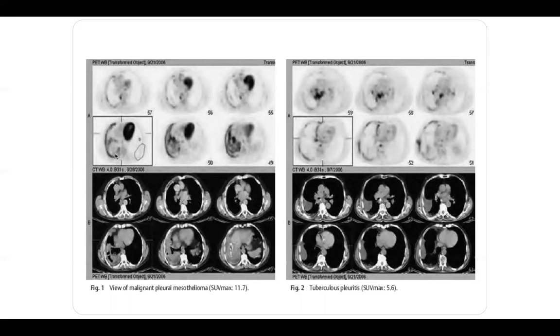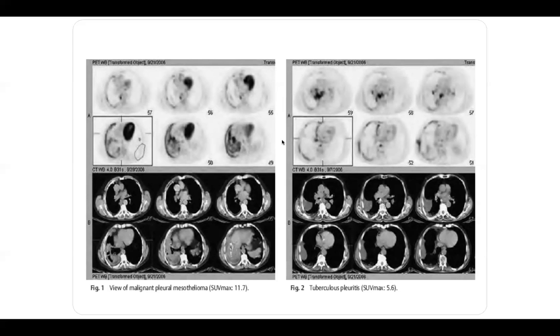So you can see the thickened pleura with SUV uptake, and also the pleural thickness is irregular in shape, as you see. The SUV max is 11.7. The right side of the slide shows again a patient with pleural thickening, and PET-CT is positive in this patient, but the diagnosis is tuberculous pleuritis.